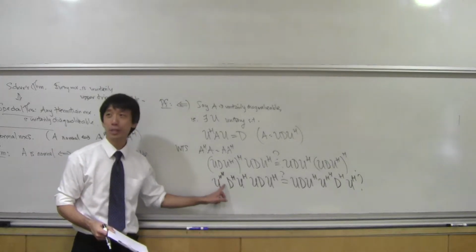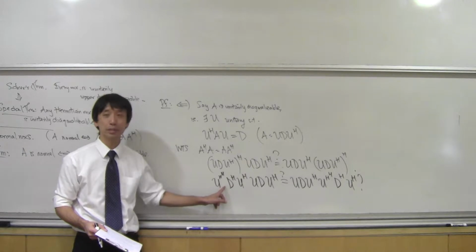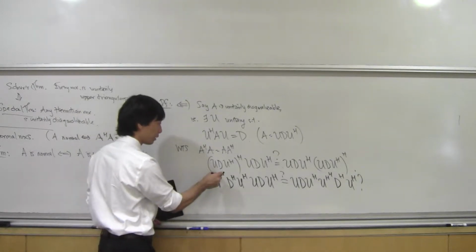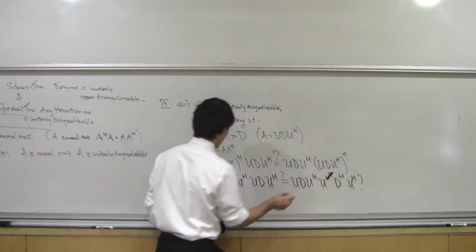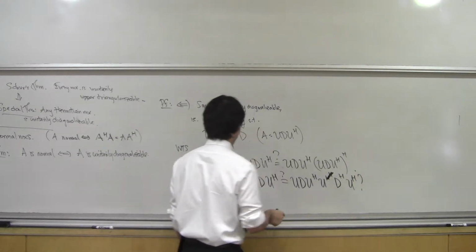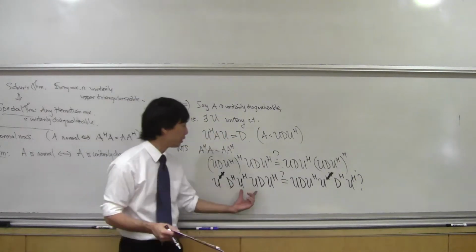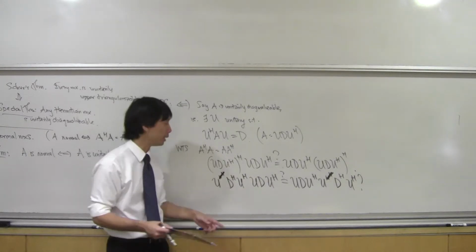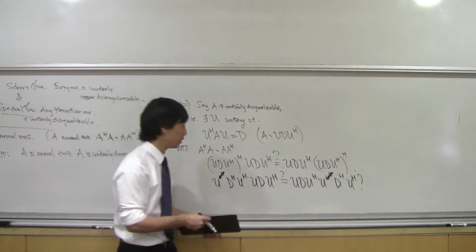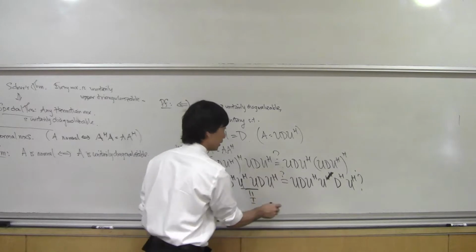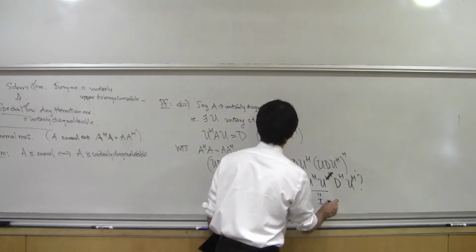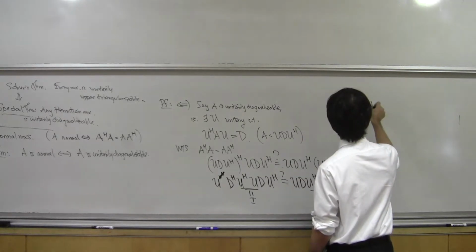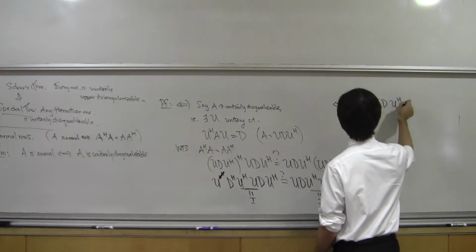The double H's cancel each other, since you're taking two transposes and two complex conjugates. What's U^H U? It's I, because U is unitary. So our question becomes: is U D^H D U^H equal to U D D^H U^H?